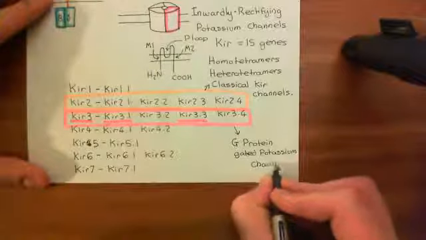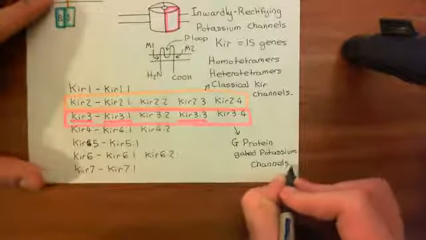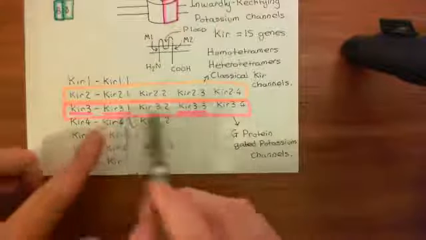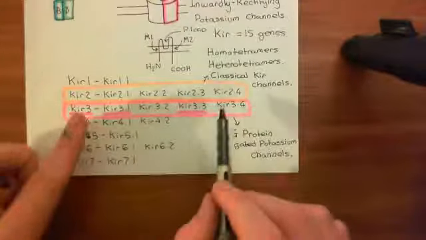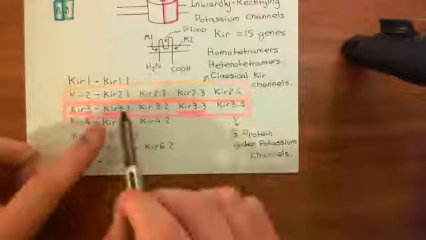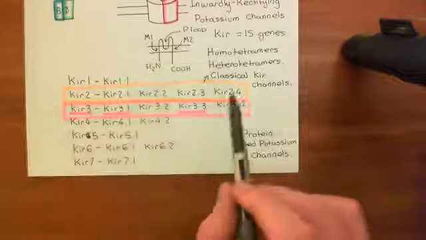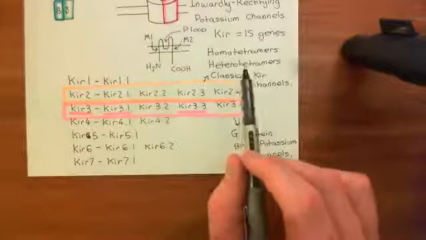Generally, there are 3 types of G protein gated potassium channels that you find. Obviously there are a huge number of types that you could build from the rules that I've given you. You could build the 4 homotetramers, and you could build many different heterotetramers. However, you don't generally find them.